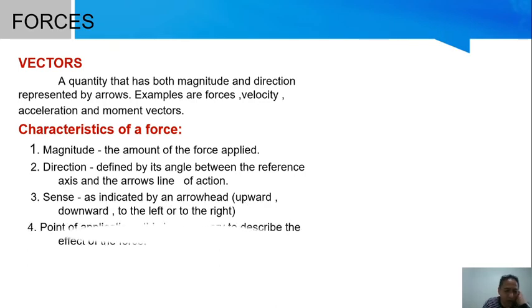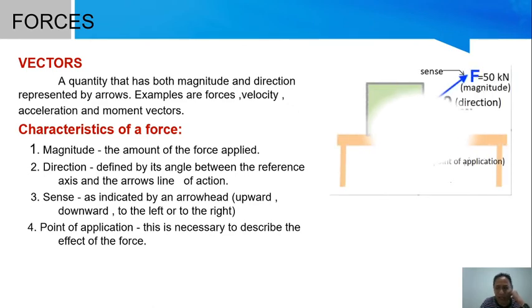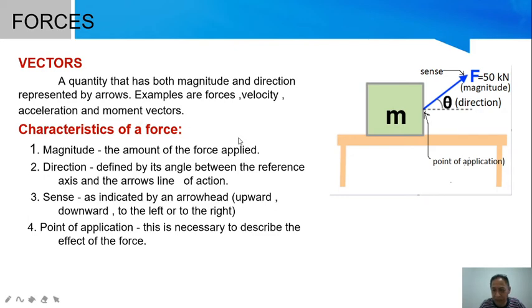Then, there is also a point of application. This is necessary to describe the effect of the force. Now, suppose there is a mass or a body that is mounted on a table, and then there is a force F applied at this point. This is what is termed the point of application. The sense is the tip of the arrow.